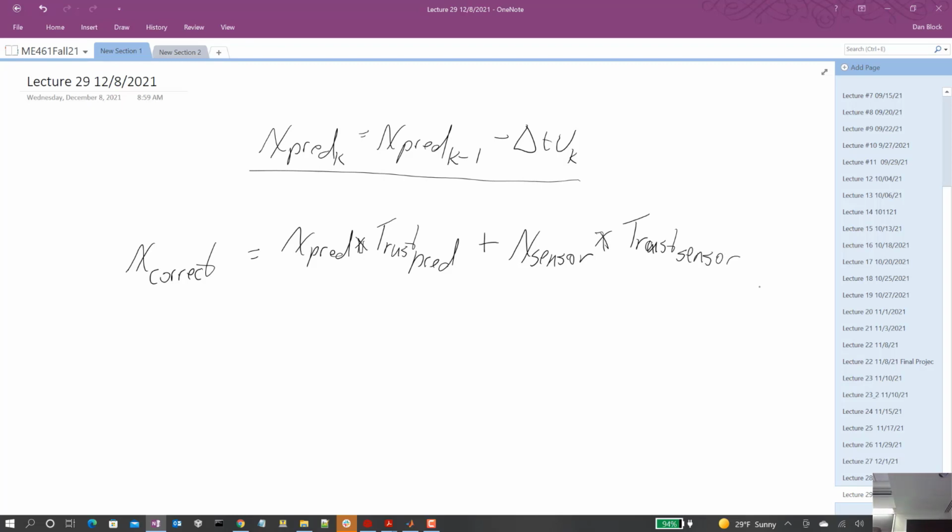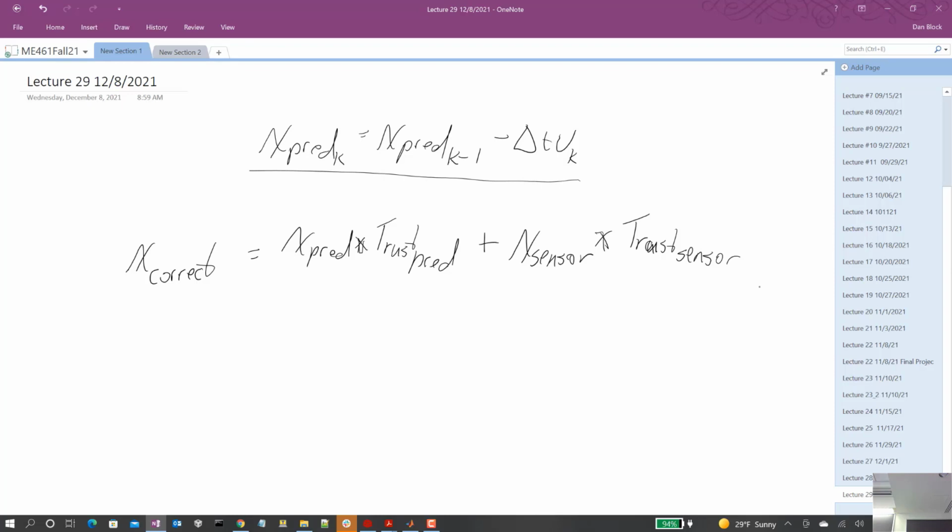Again, I've never taken a system and figured out directly what this trust is by gathering a bunch of data and all that kind of stuff. In the few Kalman filters I've implemented, I've done it on three systems in my history, I've been able to just guess at what these are and play with it until the system converges nicely to the corrected state.